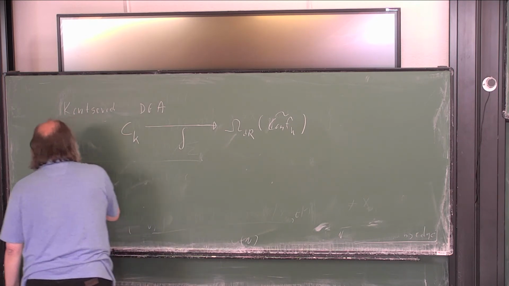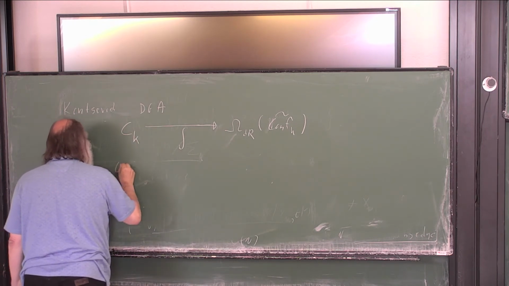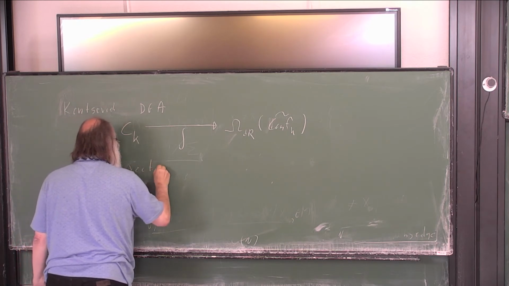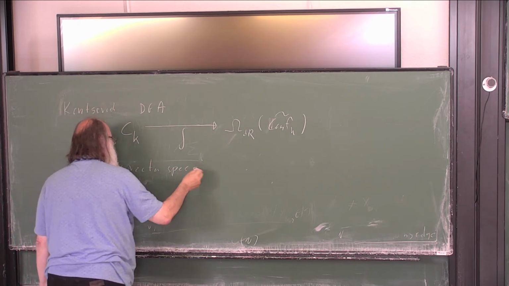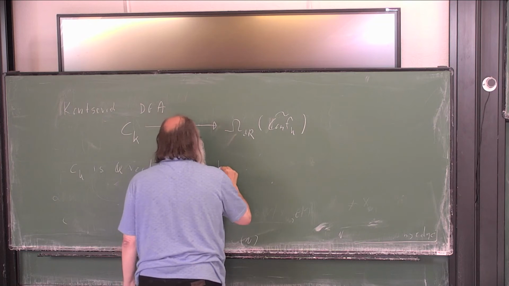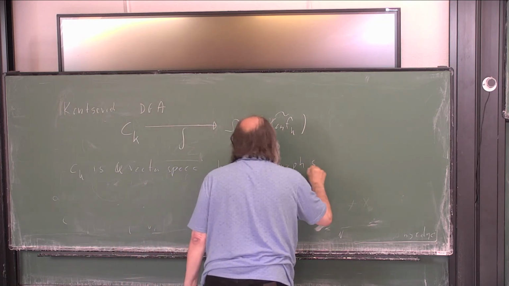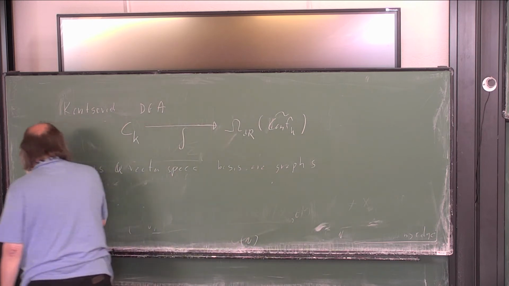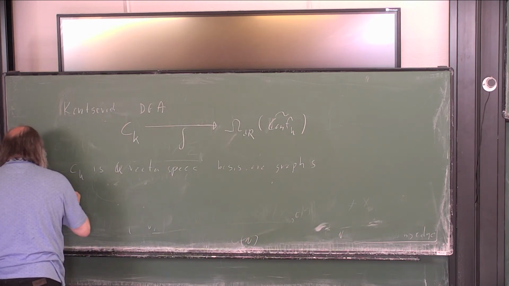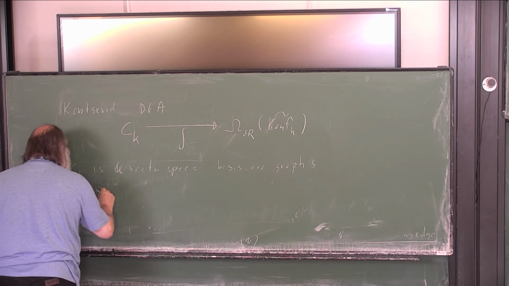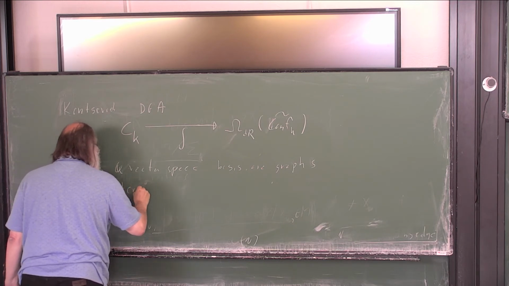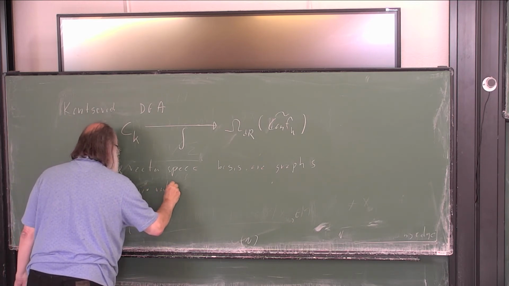Okay, I should say what C_k is. C_k is a Q vector space, and bases are graphs, and these graphs have exterior and interior vertices.